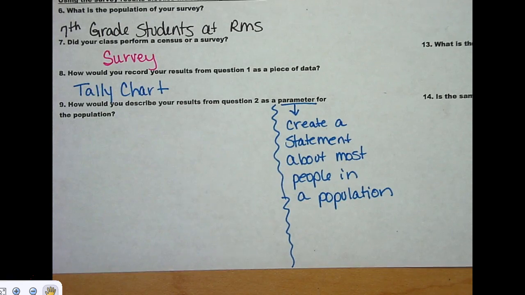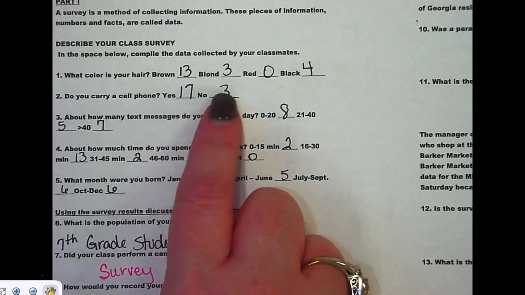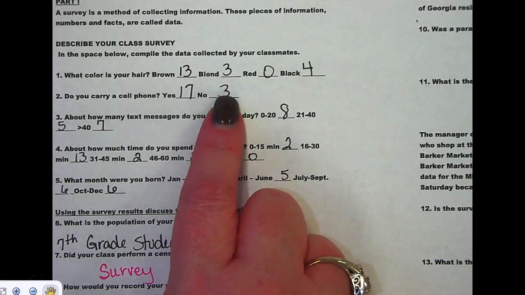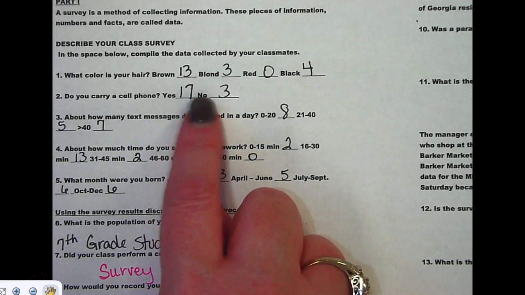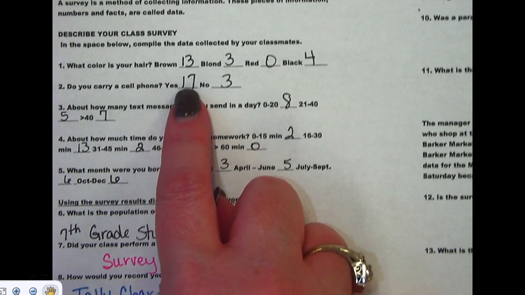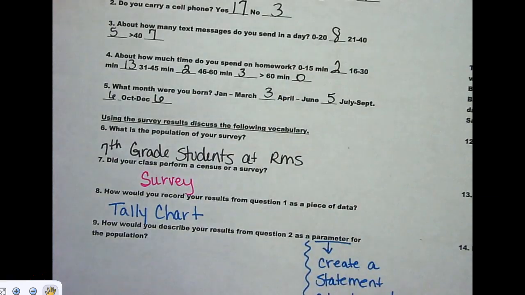Can you make a statement about most 7th grade students at Ringgold Middle School from that data? Anna? Yes, that would be what you would say. The evidence is overwhelming. 17 out of 20 have cell phones. So the statement you could make about 7th graders is most carry a cell phone.